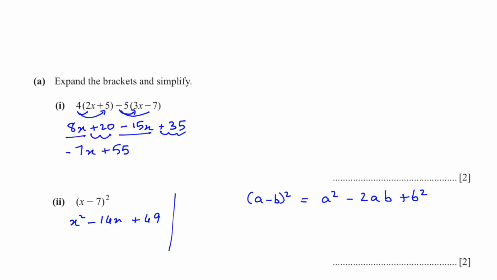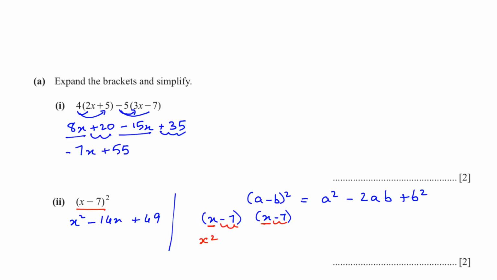Now suppose you didn't know the identity. (x minus 7) squared means (x minus 7) multiplied by (x minus 7). You can expand the brackets like this, x multiplied by x, x multiplied by negative 7. Or you should know that if you have an x and an x here, you will write x squared.